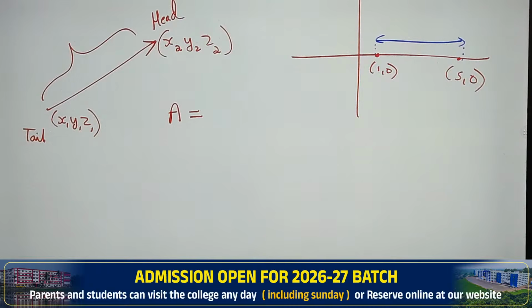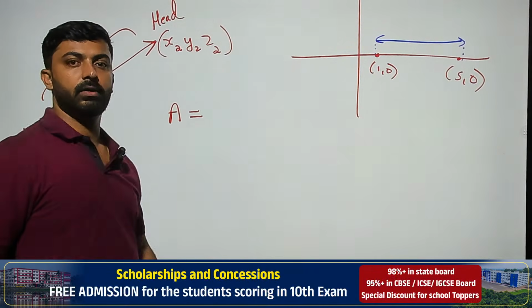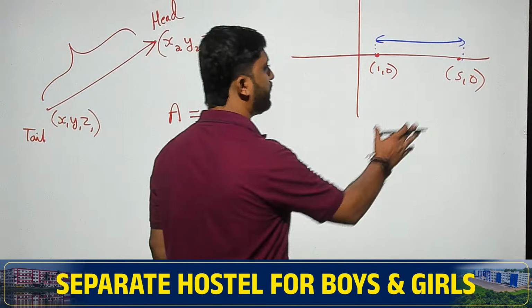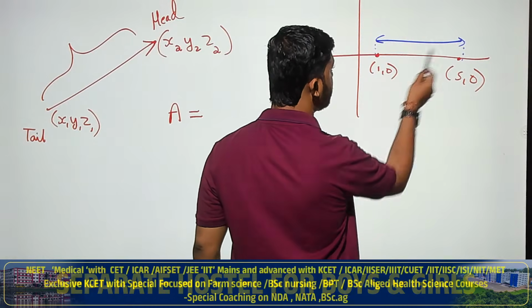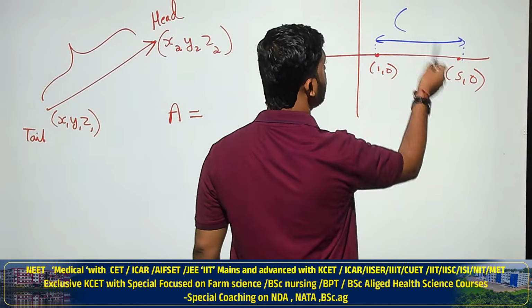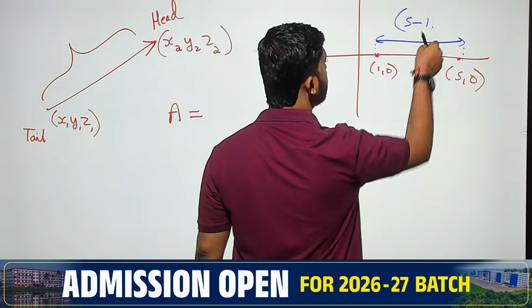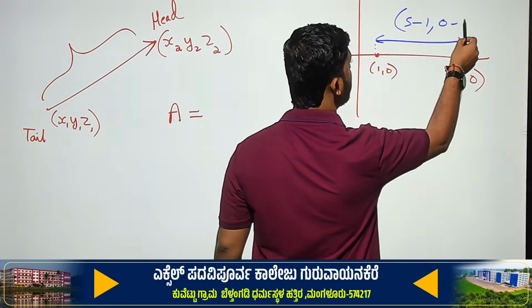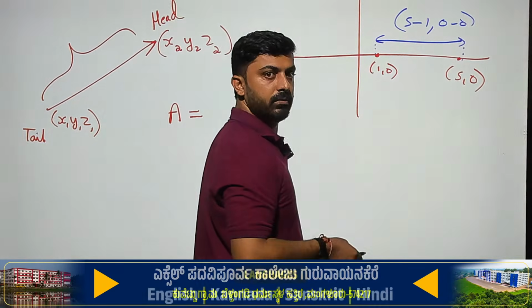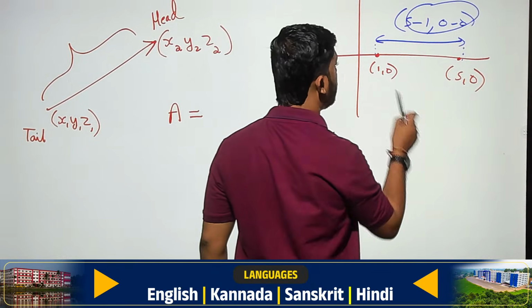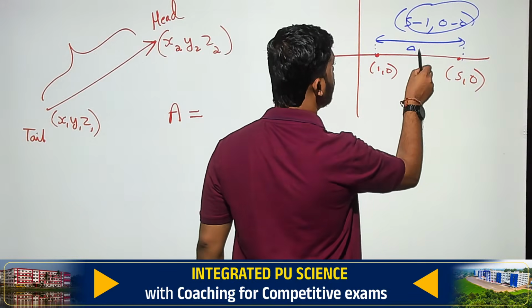Which formula can we use? This is a simple case. The distance between these 2 points is 5 minus 1, right? And 0 minus 0. After solving this, the distance will be 4 meter, right?